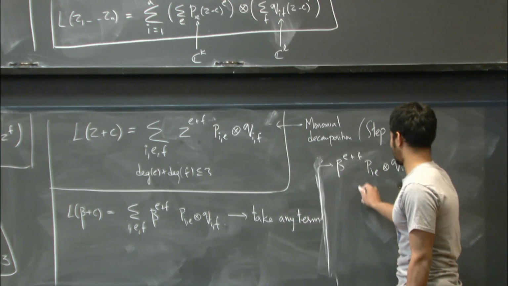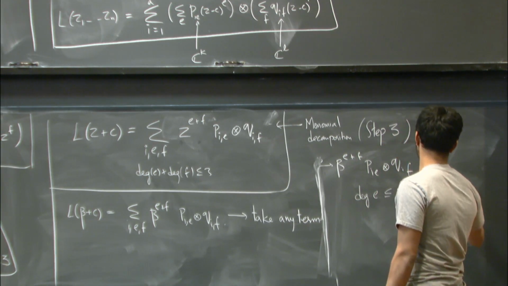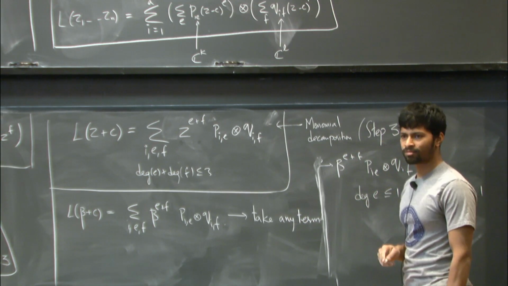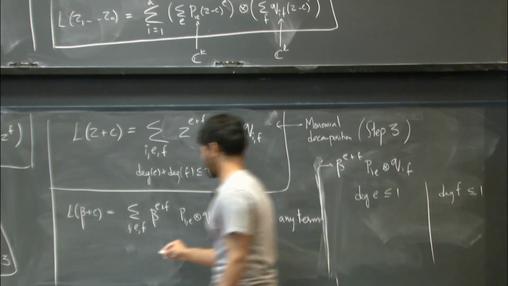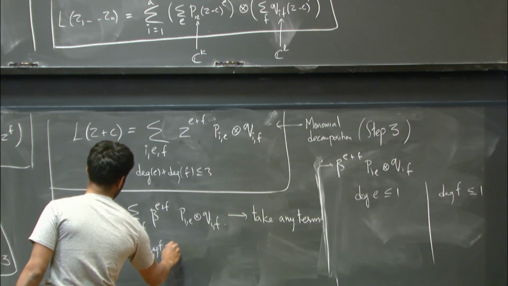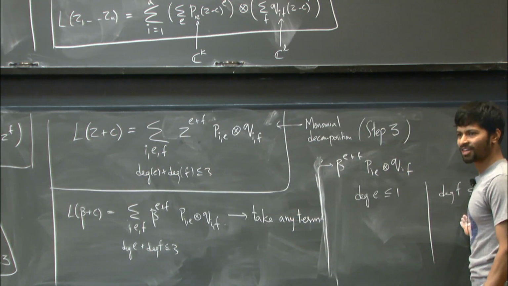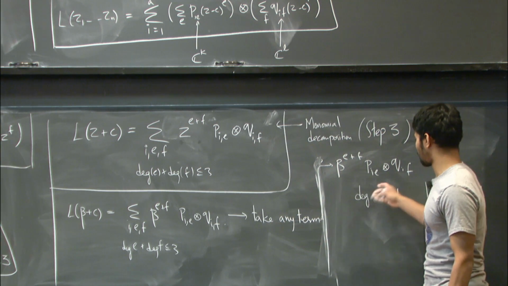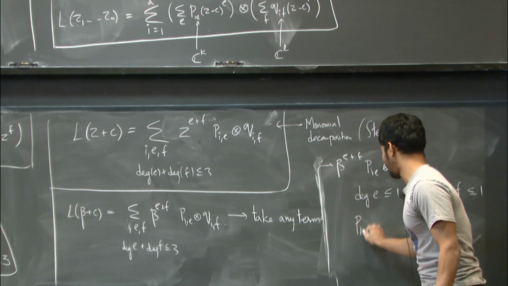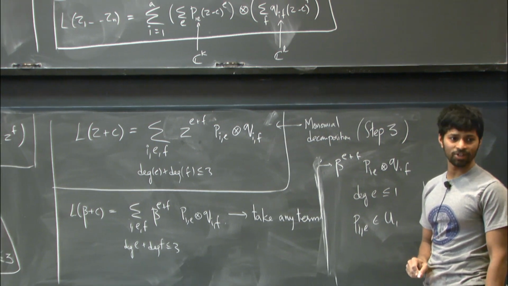Now you have two choices. Either degree of e is ≤ 1 or degree of f is ≤ 1. Why? Because the sum has to add up to 3. If you have two numbers that add up to 3, one of them has to be ≤ 1. Okay, two choices. If degree of e is ≤ 1, then P_i^e is inside U1 by definition.